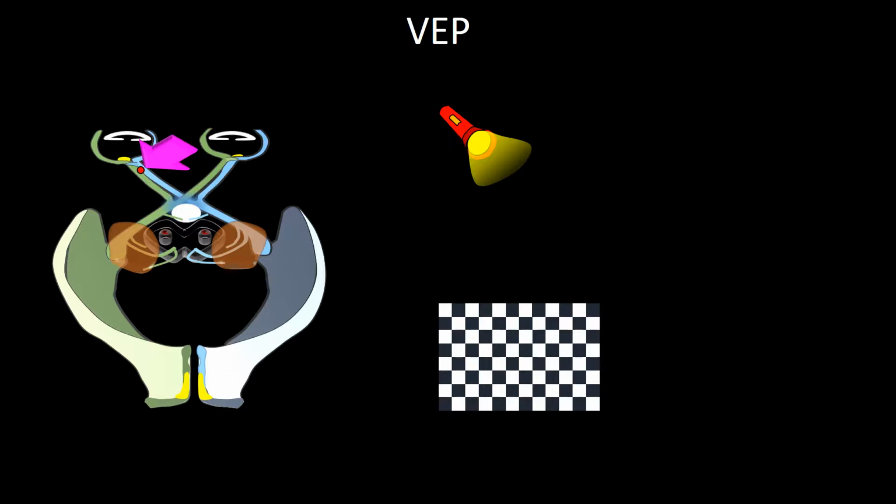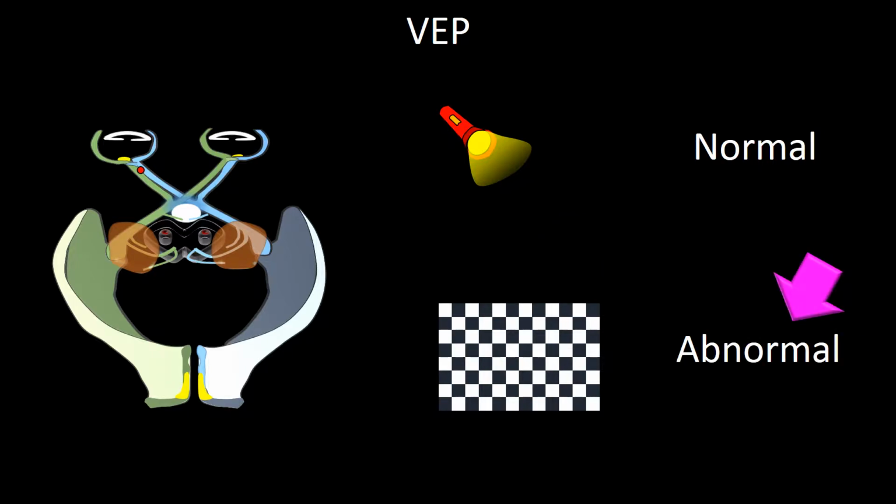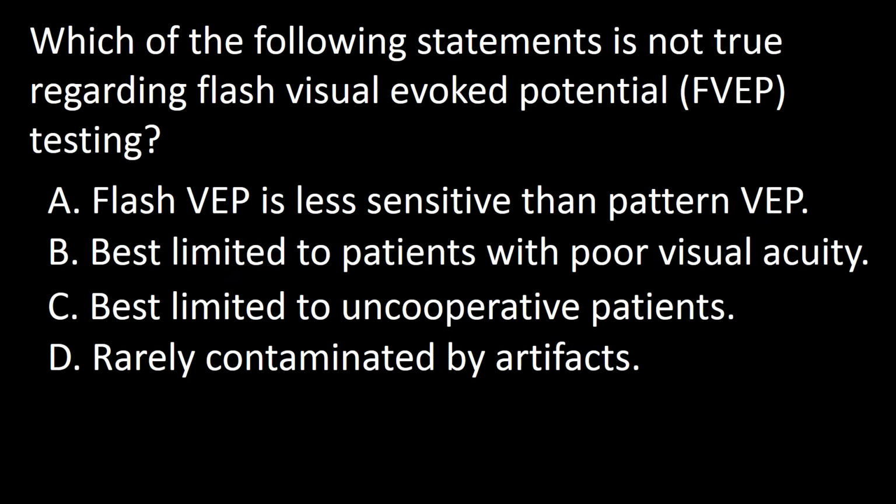A small lesion, as the one I am representing in this figure, studied by flash VEP, is usually missed. Similar lesions studied by pattern VEP are usually detected. So the answer to this question is D.